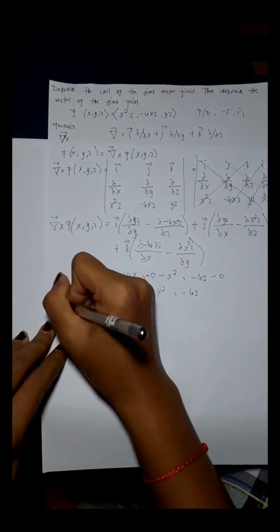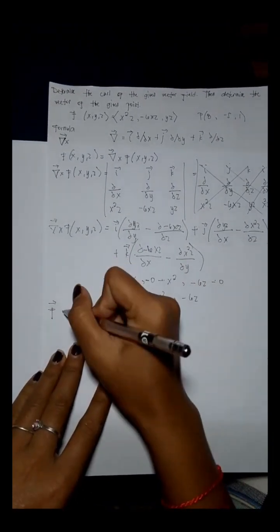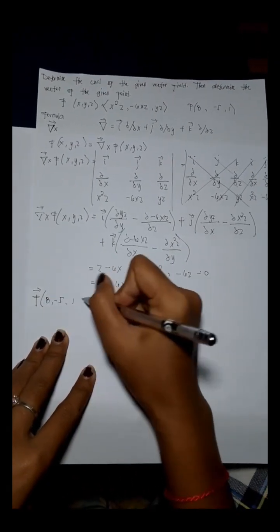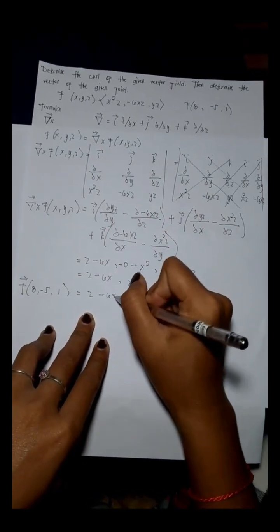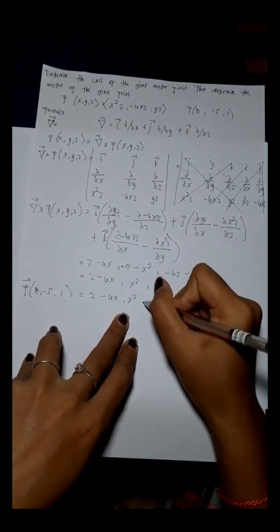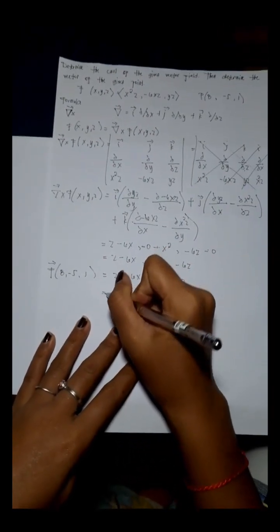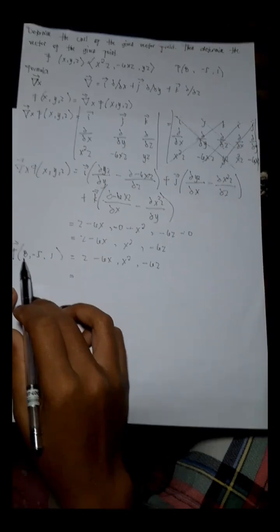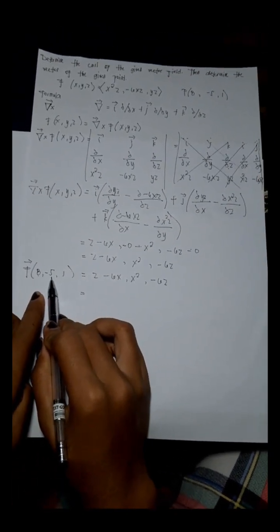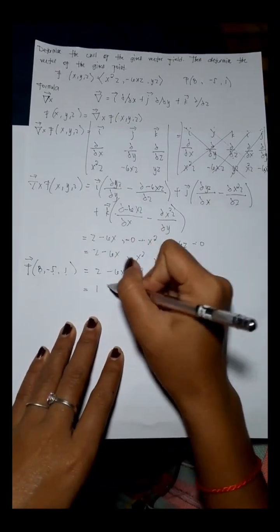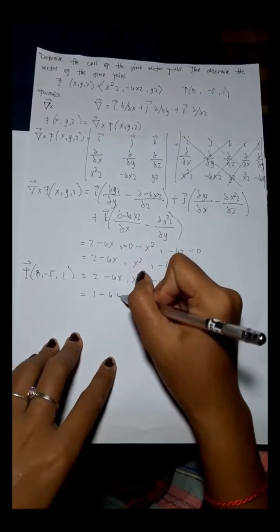We copy it so we do not get confused. We simplify: 8 is x, negative 5 is y, and 1 is z. So, we will now solve.